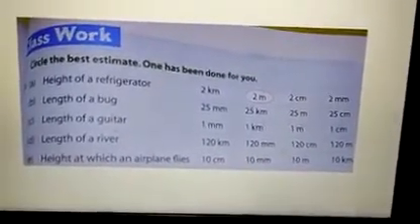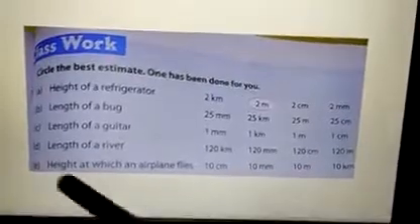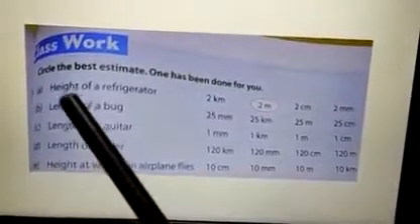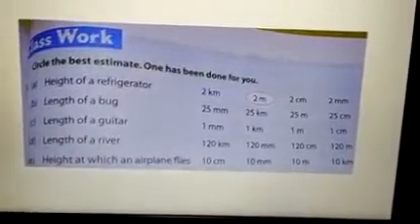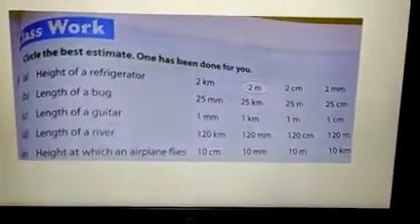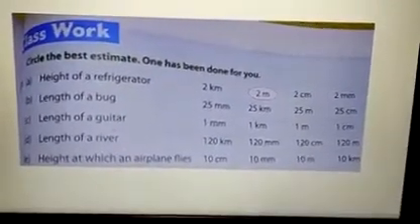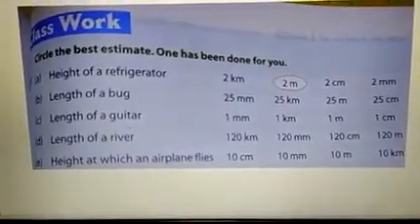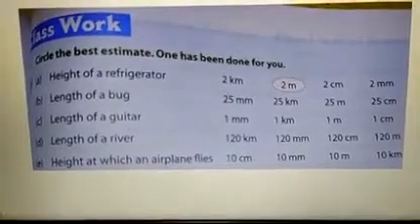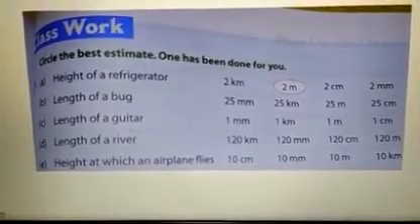First is done already in your book. Look at the question. Height of a refrigerator. All of you know a refrigerator. Now, height of a refrigerator: 2 kilometer, 2 meter, 2 centimeter and 2 millimeter.